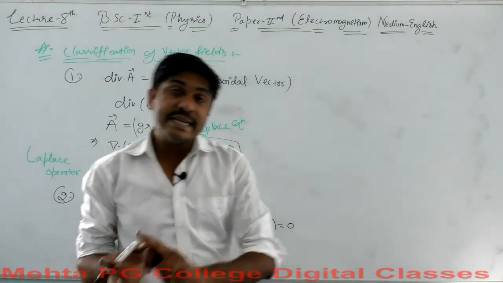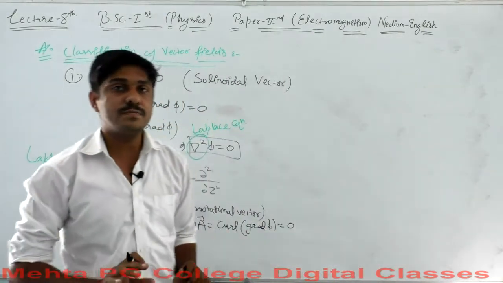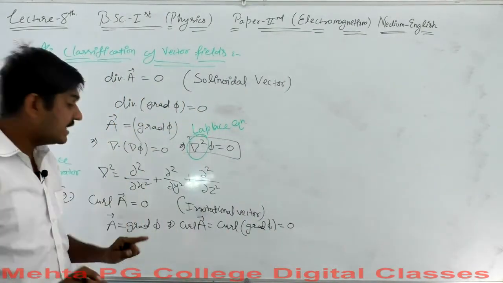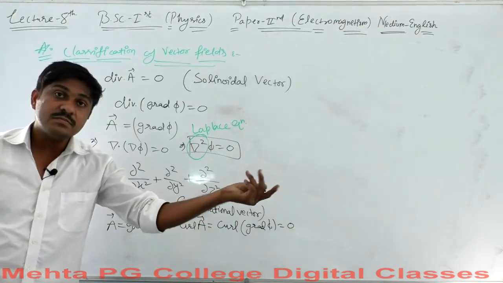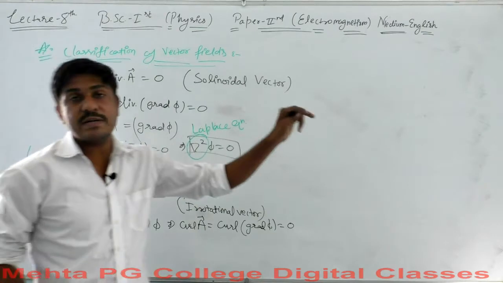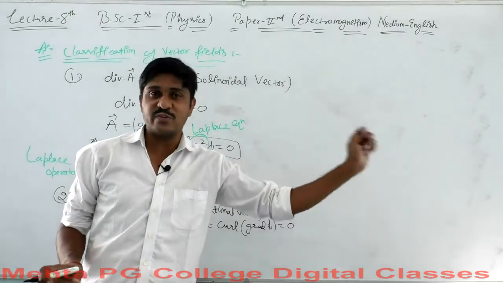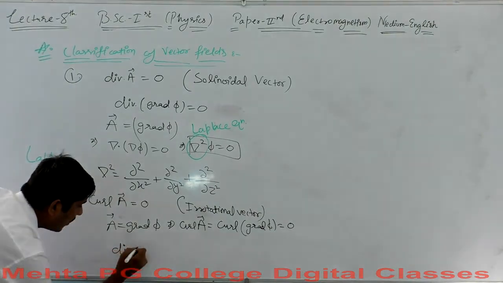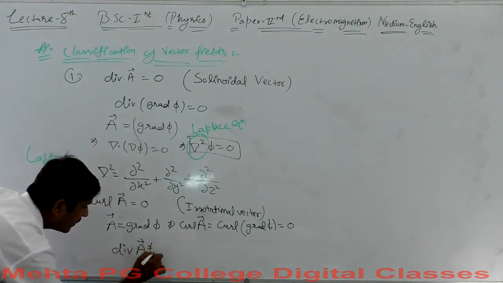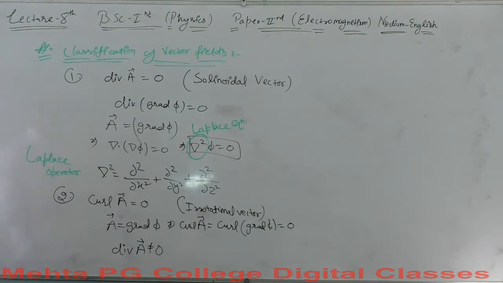But what if the divergence of A is non-zero? Divergence is 0 only if the vector A is the gradient of a scalar field. But what if the divergence of A is non-zero?